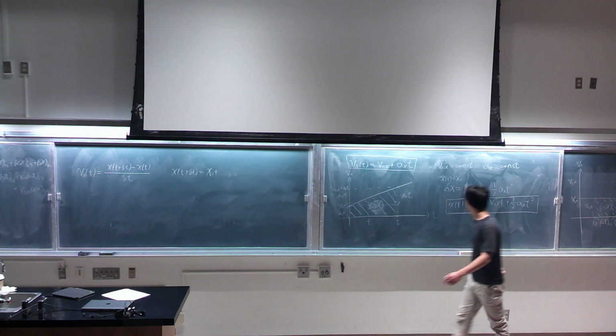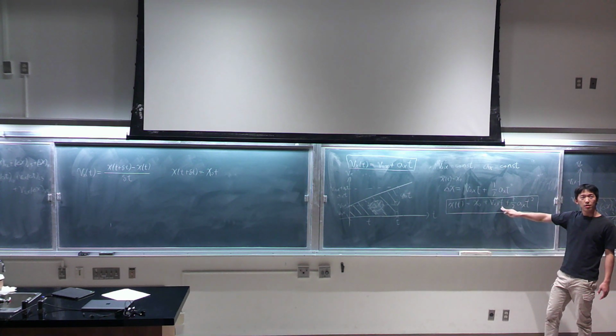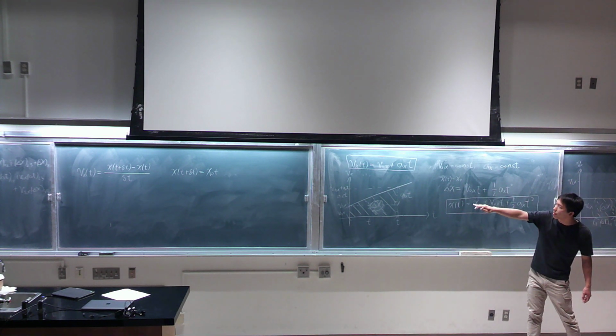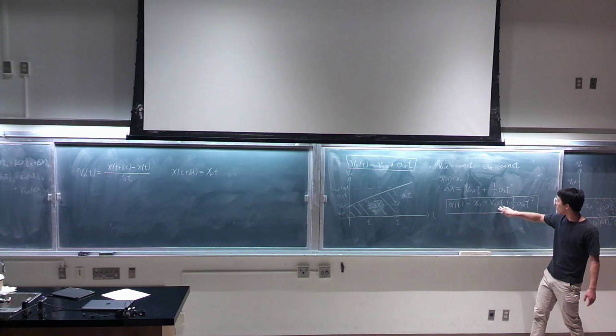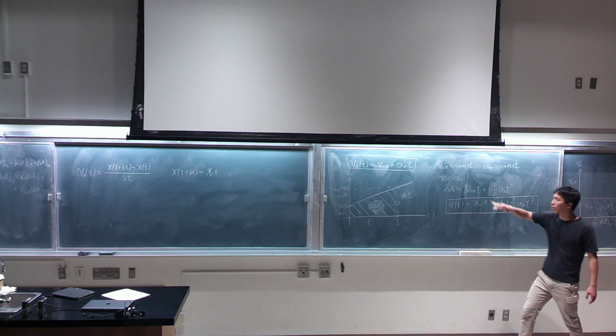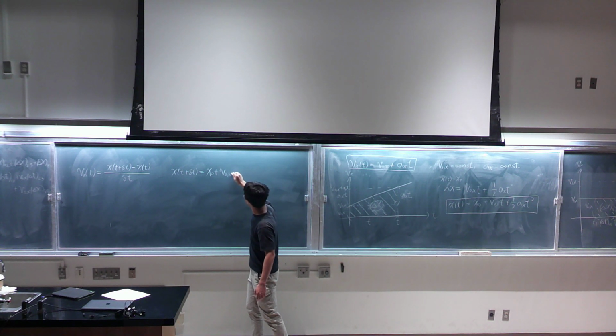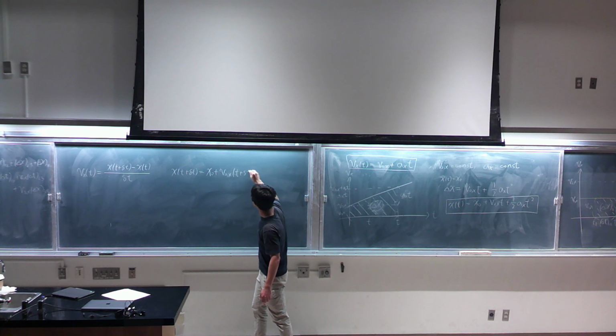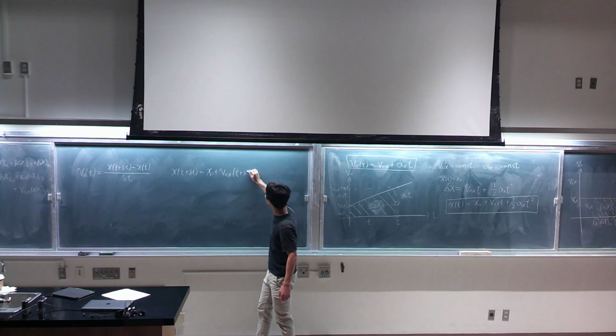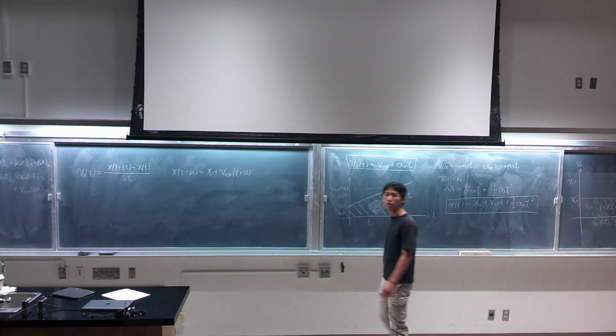The second term has a t, but I am putting t plus delta t in that parenthesis, so I need to replace this with t plus delta t. That's the second term. Any question?